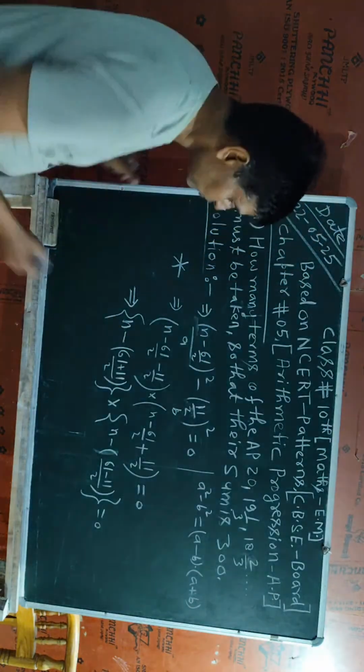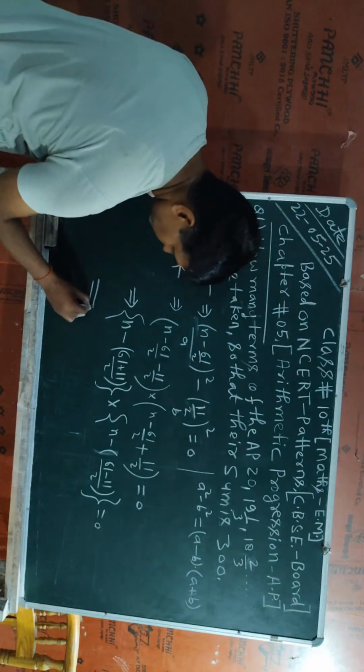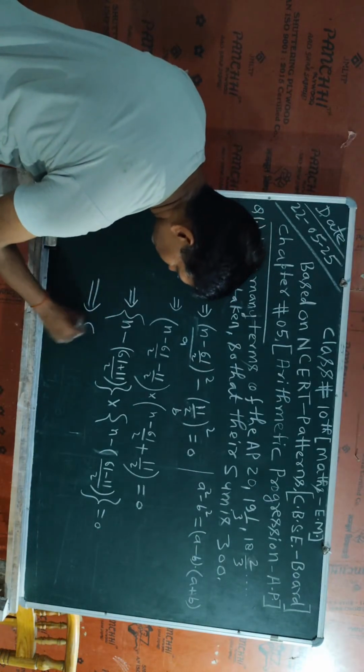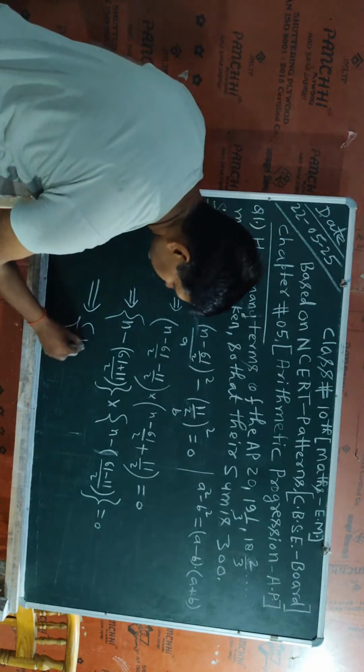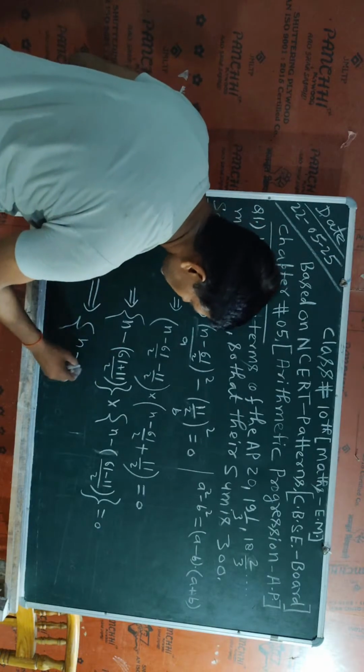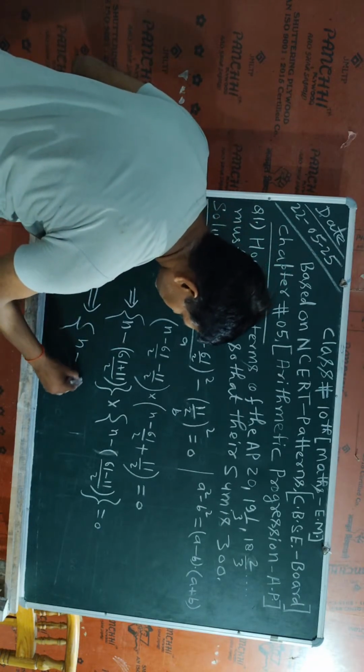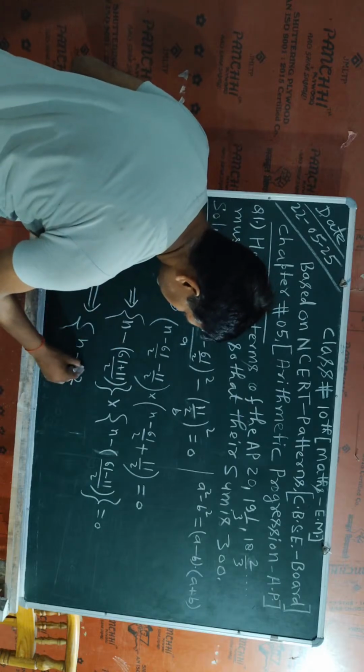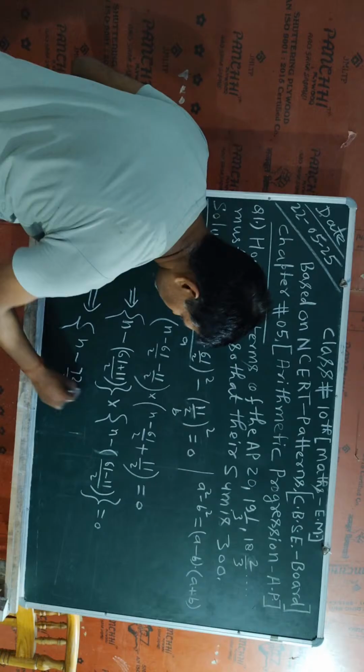Okay, further I am going to solve this. After solving, we will decide which value we have to take. n minus 61 plus 11, that will be 2, and this will be 7 divided by 2.